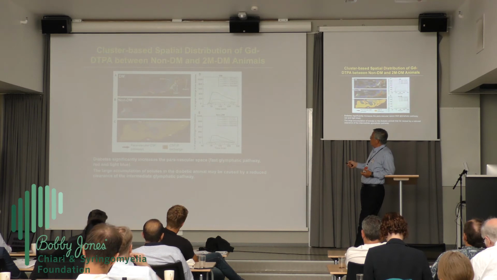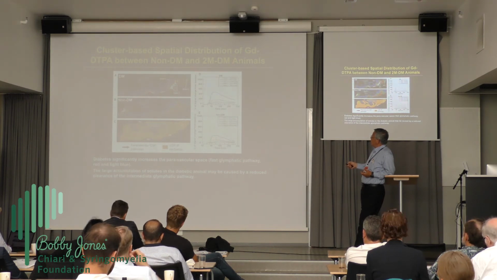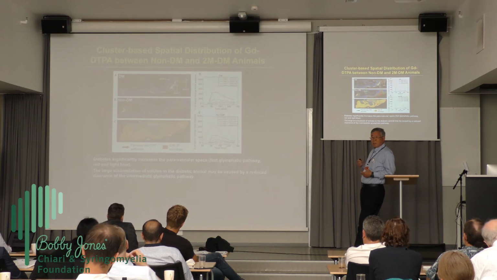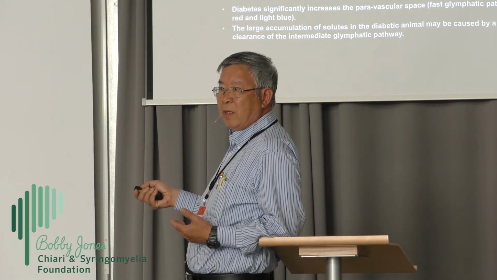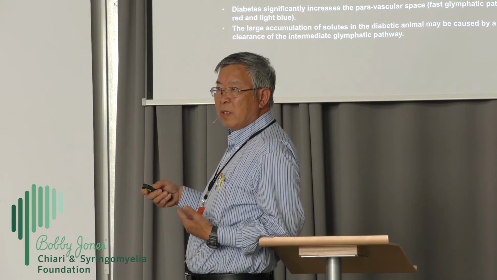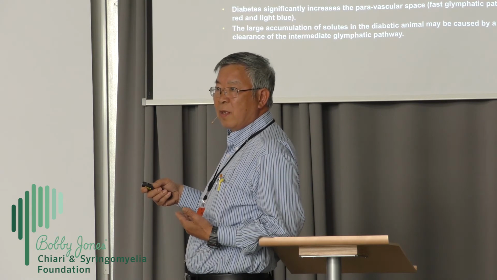The area with light blue and red color is closely related to the paravascular space, and this is another way to measure the paravascular space.